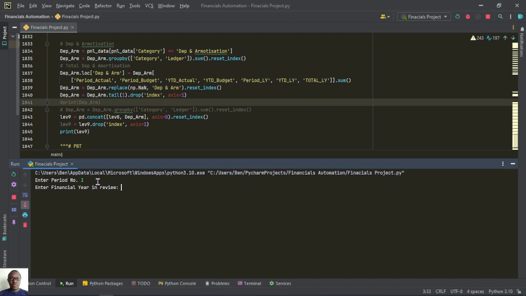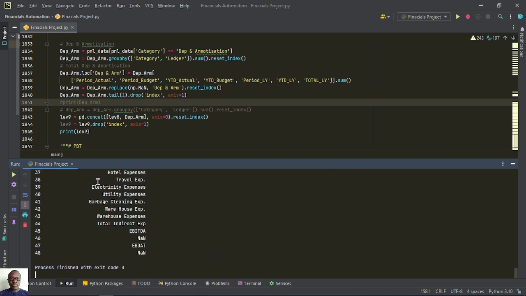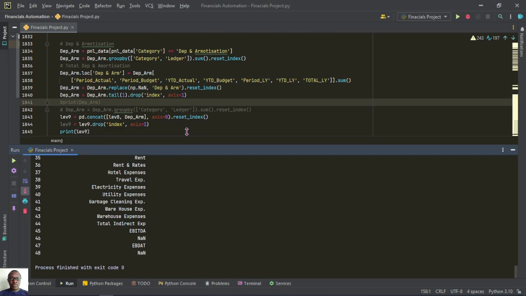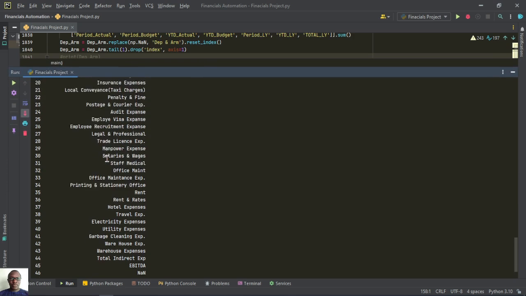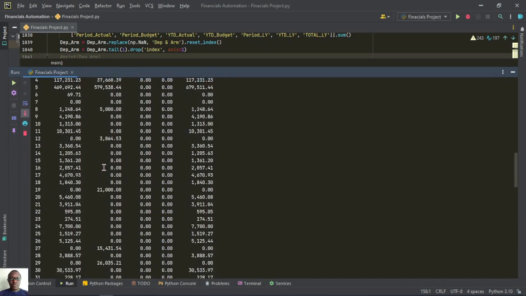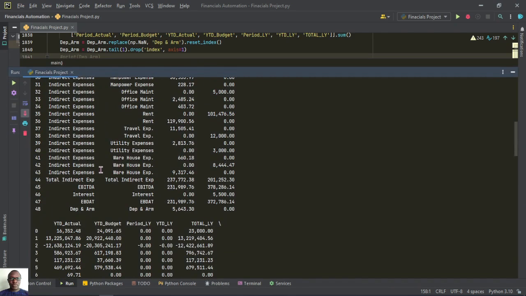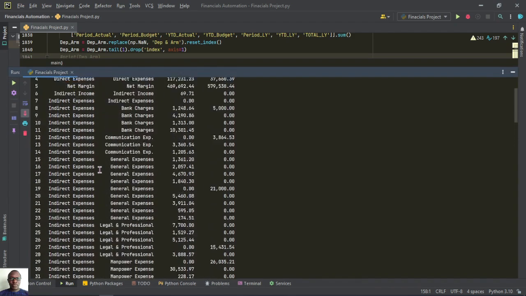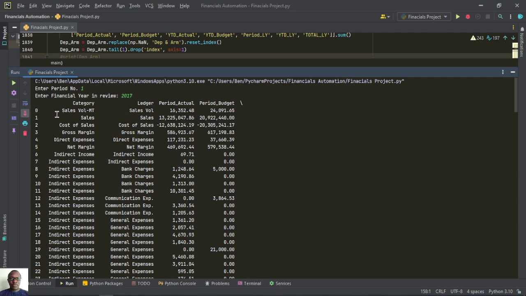Period number is 1. 17 is the financial year in review. So this is what we have as our level 9 data frame. So we still have a category.